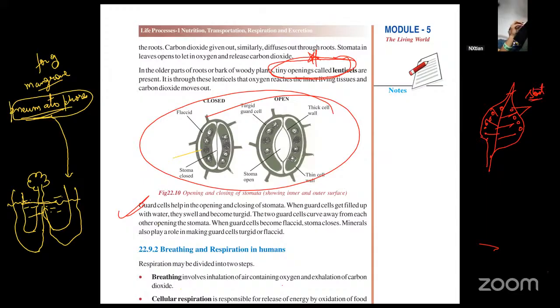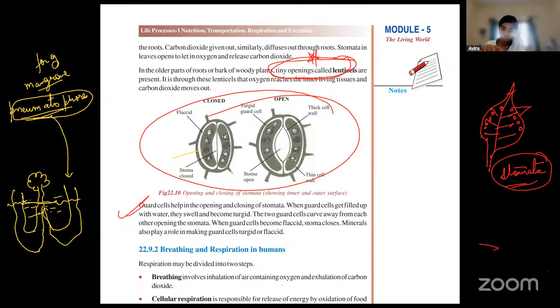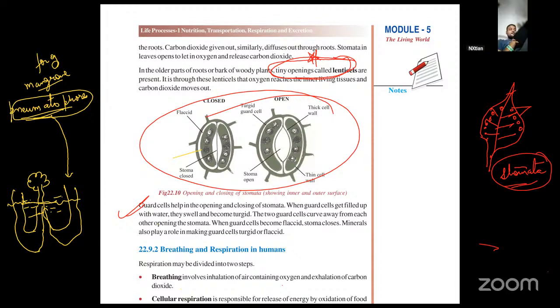Did you understand, guys? Yes or no? The leaf gets the carbon dioxide with the help of these stomata. Alright, did you understand? That's it.